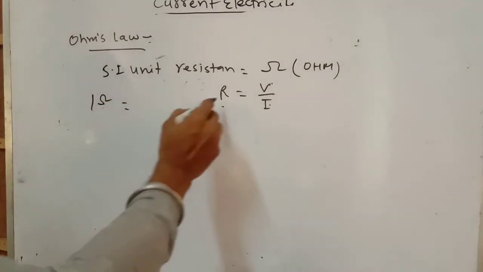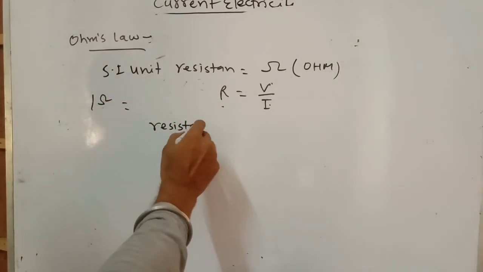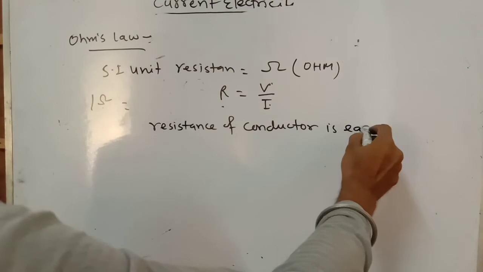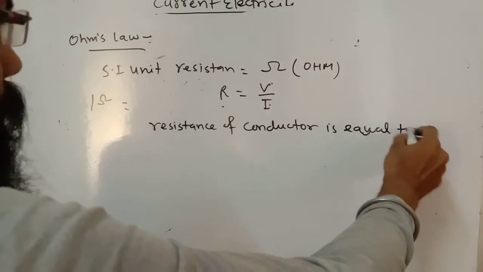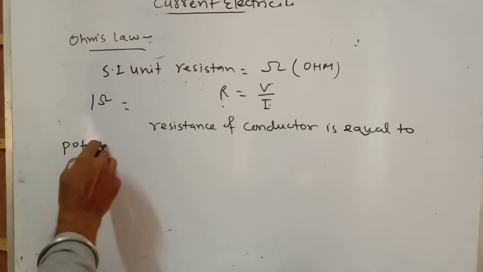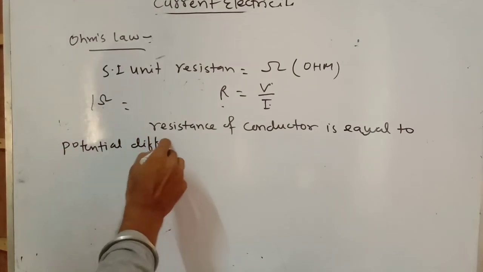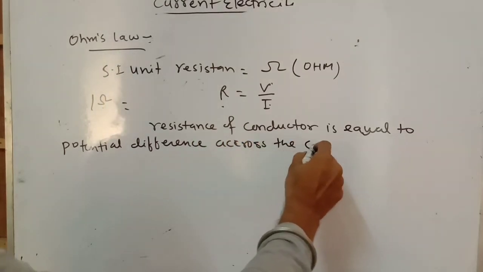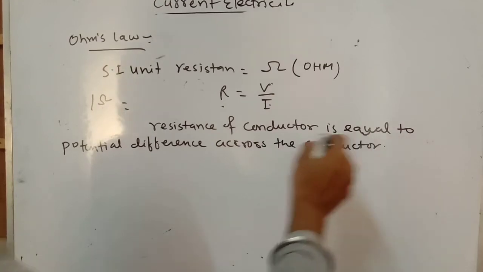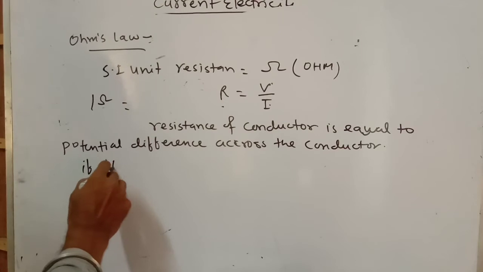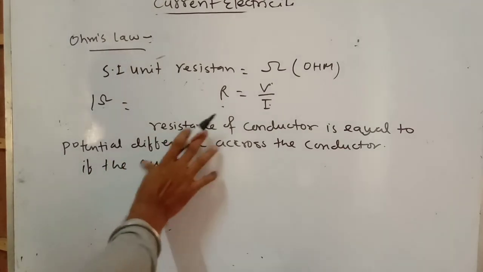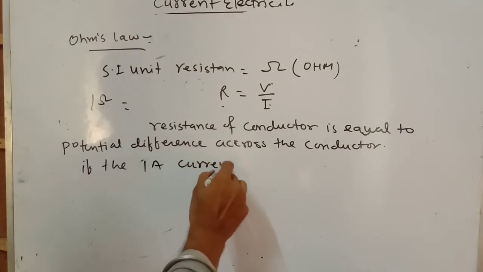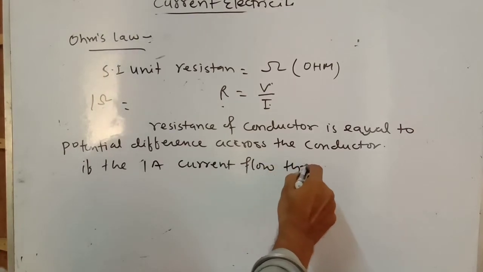That means the resistance of a conductor is equal to the potential difference across the conductor if 1 ampere current flows through the conductor.